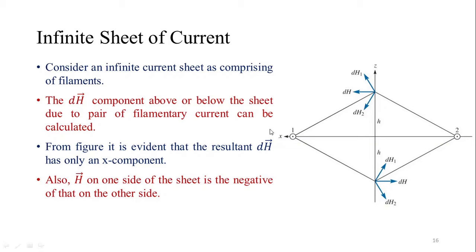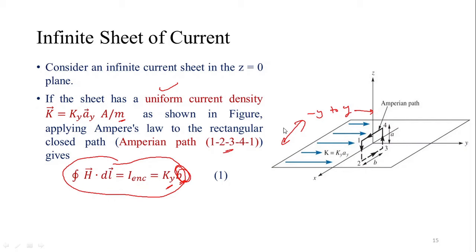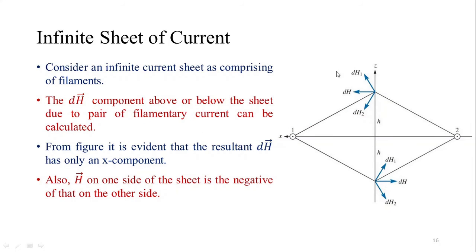Just consider that the entire surface is made of an infinite number of filaments. Suppose you have a filament here and a filament here. At that time you will have a scenario like this.